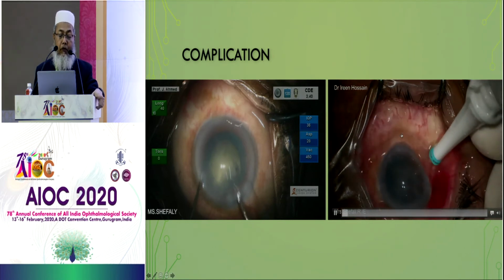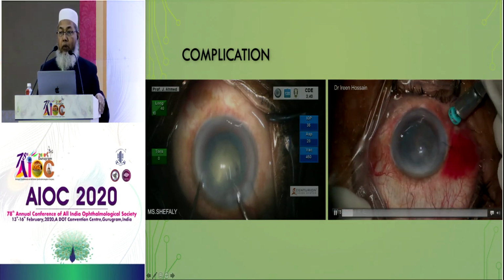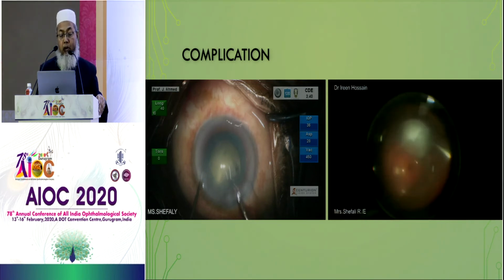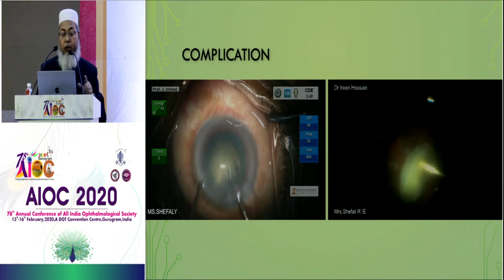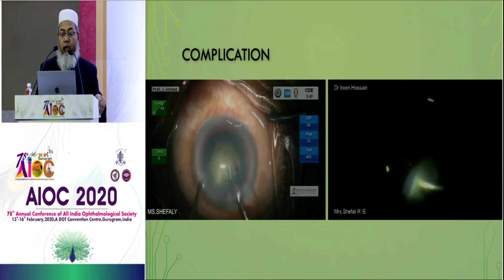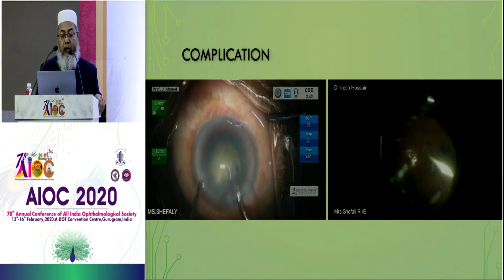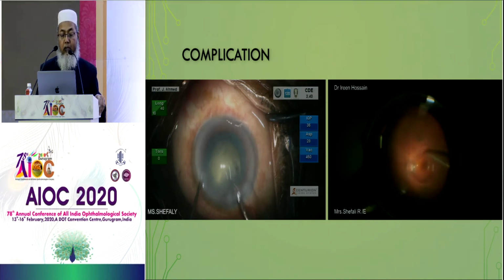Then the patient is shifted to the next OT, and the vitreoretinal surgeon comes to help. Then with the help of the fragmatome, the nucleus is removed. It is cleared out, and after clearing the nucleus, prophylactic laser was also given.